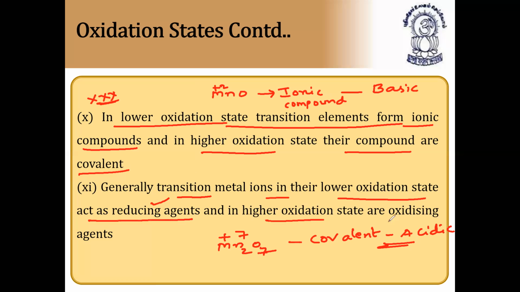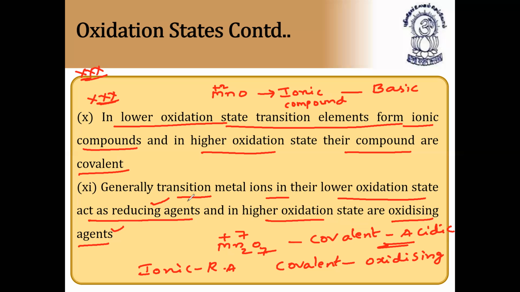In higher oxidation state, they act as oxidizing agents because covalent compounds are oxidizing agents. So ionic, reducing agents, covalent, oxidizing agents, oxidizing in nature. So this slide is very, very important. Please note it down. From these points only they can ask questions.